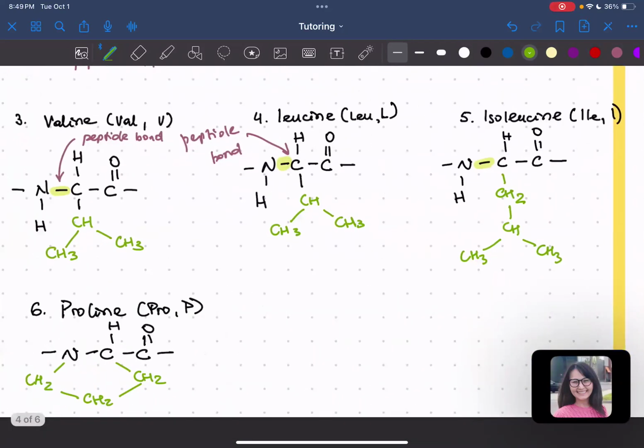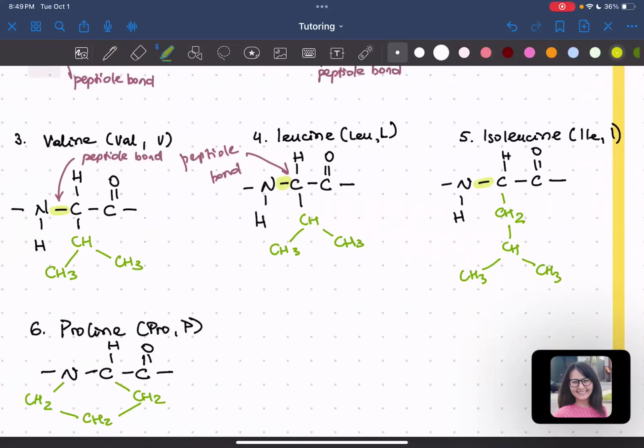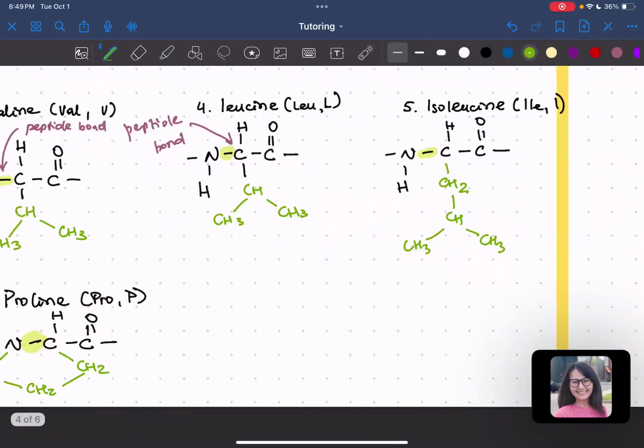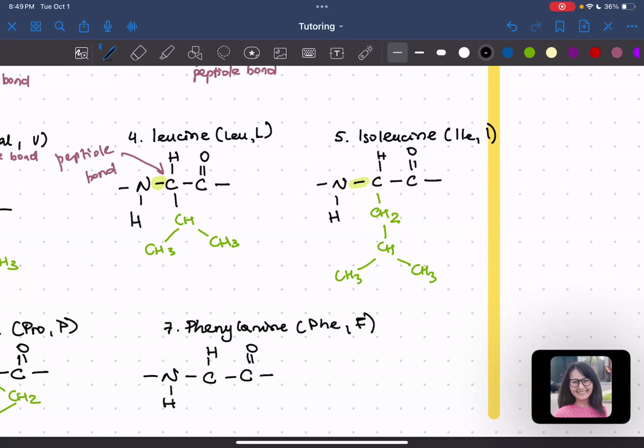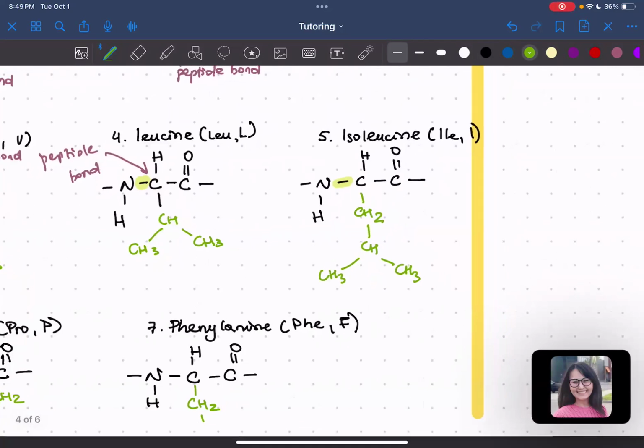It does have a peptide bond here. 7 is phenylalanine, Phe or just F. It's just this benzene ring.